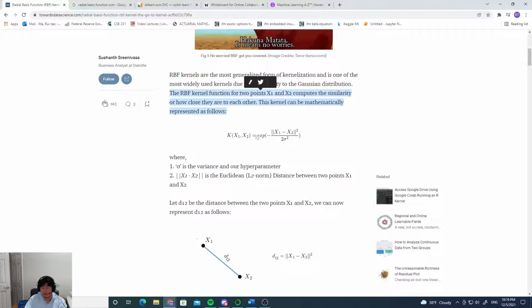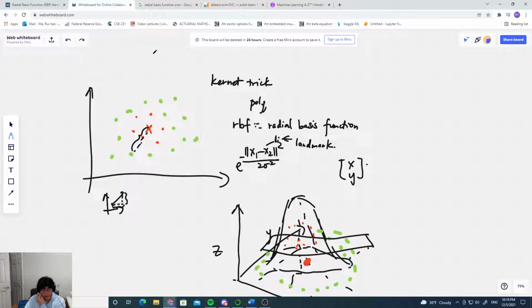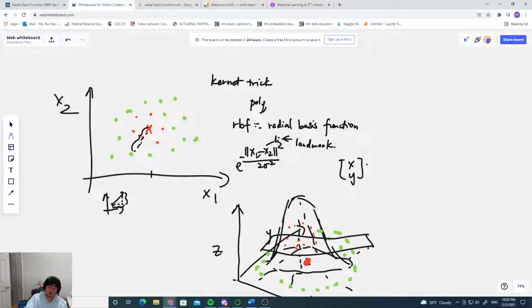So we have two points, x1 and x2, which we can think of from the whiteboard perspective. This is x1 and this is x2. Then this function is e to the power of negative ||x1 minus x2|| squared, over 2 sigma squared.